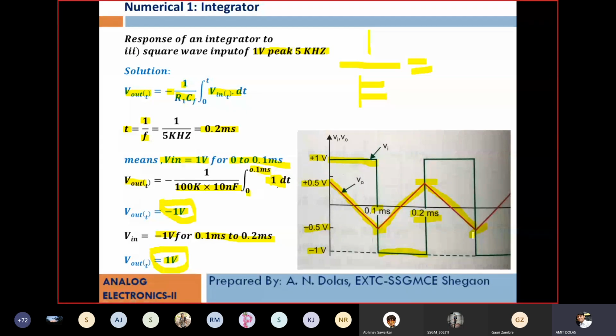And again the amplitude of the triangular wave is dependent on the time period or frequency of the square wave. If the square wave frequency is less, the amplitude of the triangular wave will be more. That is inversely proportional. The amplitude of the triangular waveform is inversely proportional to the frequency of the square wave. So this is the response.